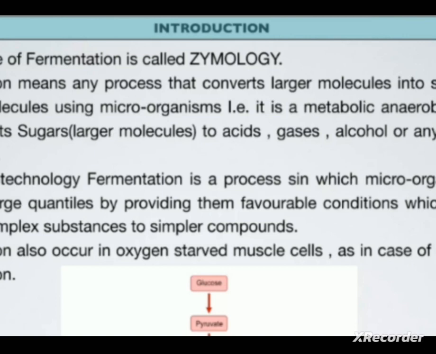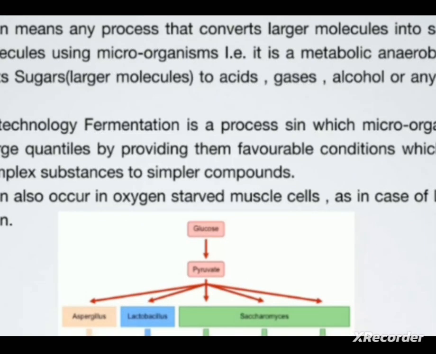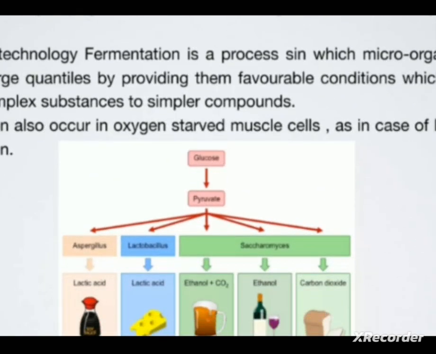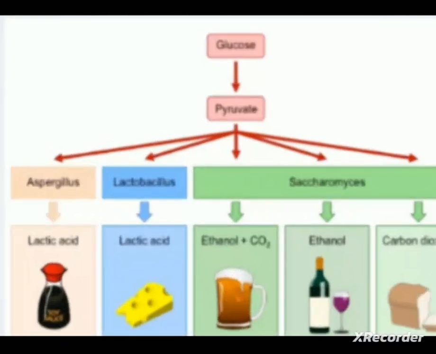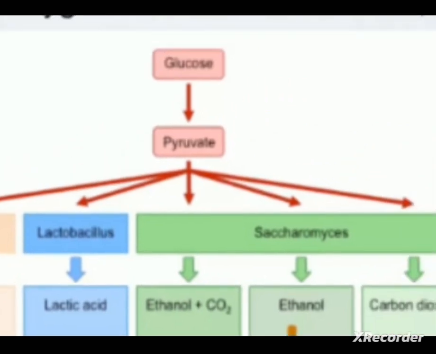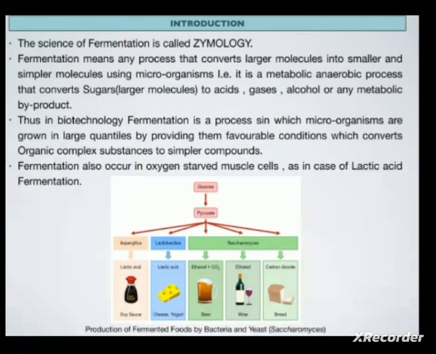That means without the help of microorganisms, the fermentation process most probably cannot be fulfilled. Microorganisms play a vital role in the fermentation process. Fermentation also occurs in oxygen-starved muscle cells, as in lactic acid fermentation, and these are the steps. You are seeing them on the screen.